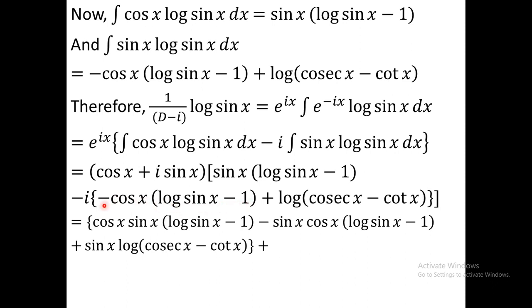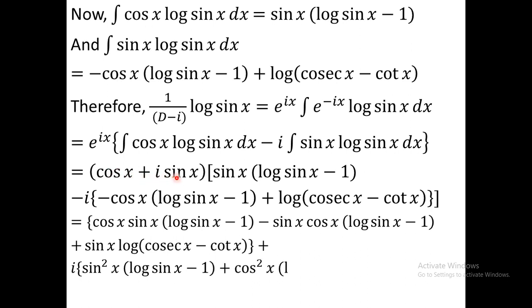Here you see that imaginary factor, that is the coefficient of i, is minus 1, therefore I take minus 1 in the second bracket, therefore this will be plus and this will be minus. Therefore cos x here plus cos x, that is cos square x log of sin x minus 1.